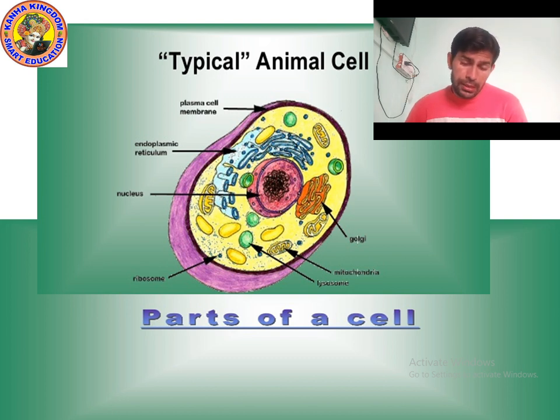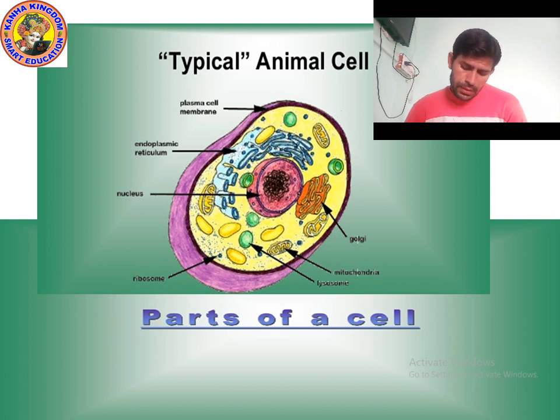What is the meaning of unicellular? Unicellular means only one, and multicellular means more than one. Those living organisms whose body consists of a single cell are known as unicellular living organisms. For example, amoeba and euglena are unicellular living organisms.